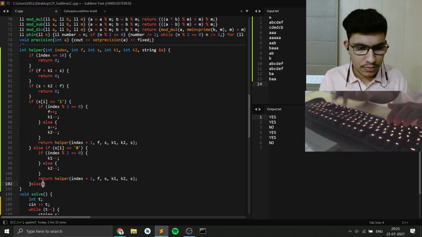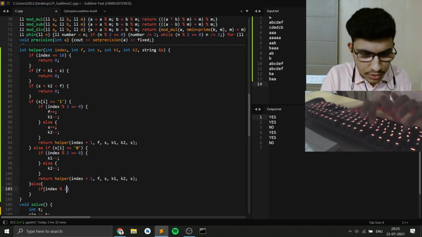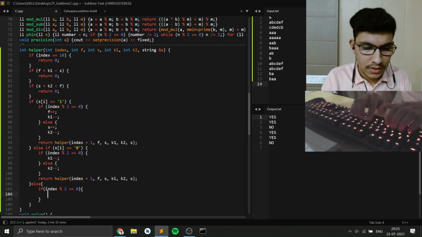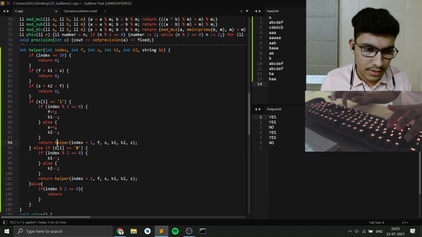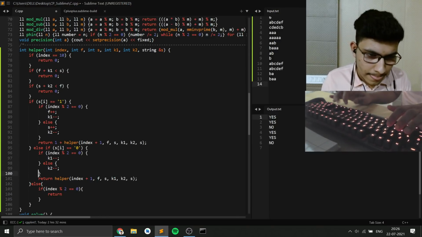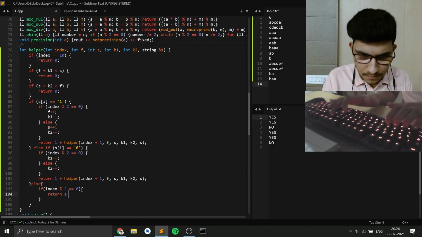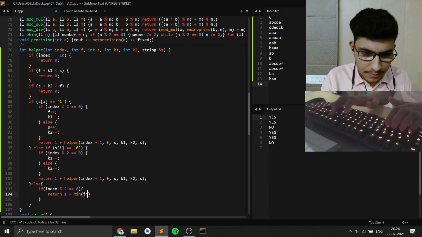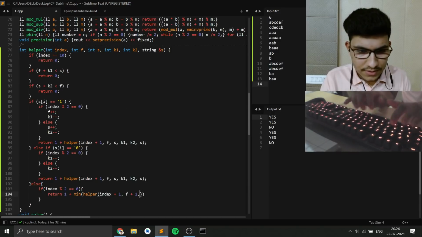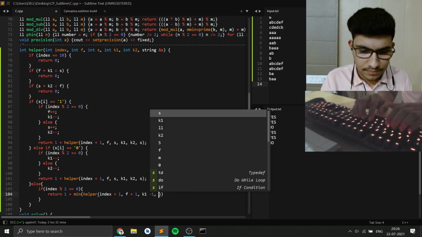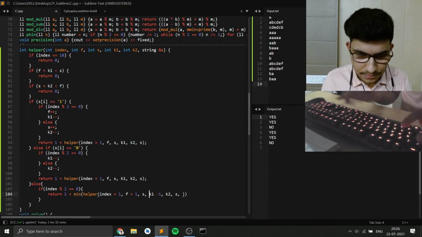Else I'll be just considering both possibilities. So if index modulo 2 equals 0, then I'll just have to return 1 plus, calling helper with f plus 1, k1 minus 1, k2 and s, and I also have to pass s here.